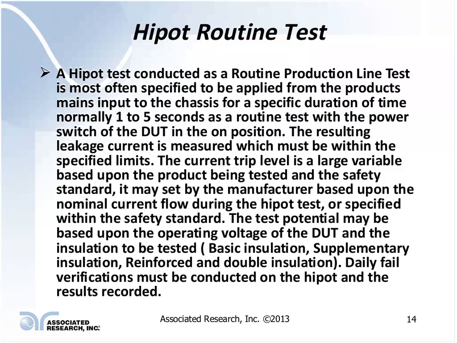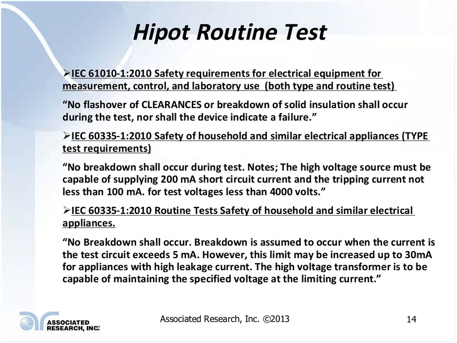So a Class 1 product might be tested at 1500 volts, where a Class 2 product is now tested at a 3000 volt potential. This is very common depending upon the safety standard that we're talking about.